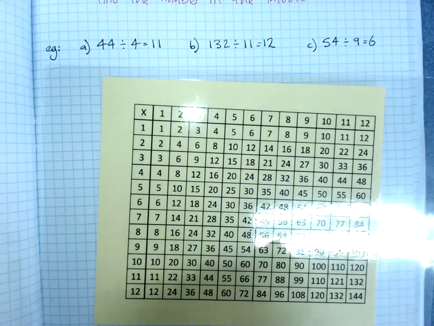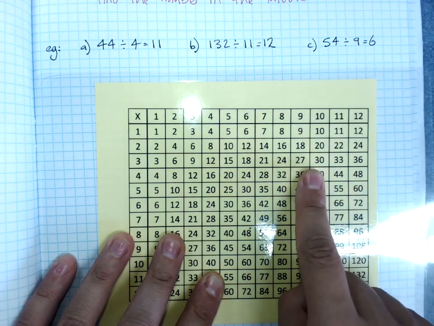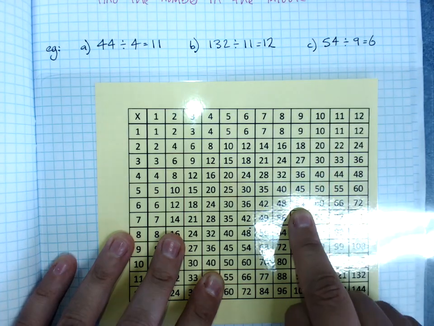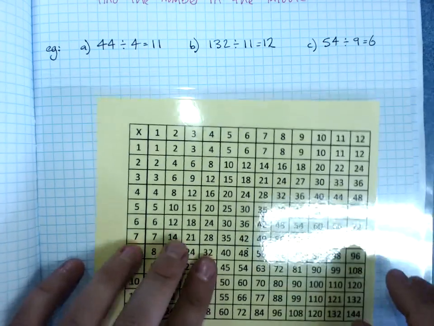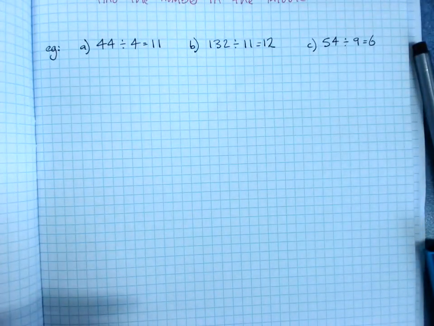It's useful to use a ruler or a pen to keep your line because it's a little bit too easy to go across to the wrong column and get lost. But that's how we use the multiplication grid to help us with division.